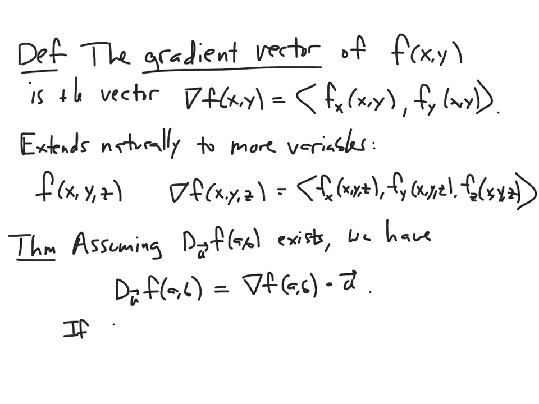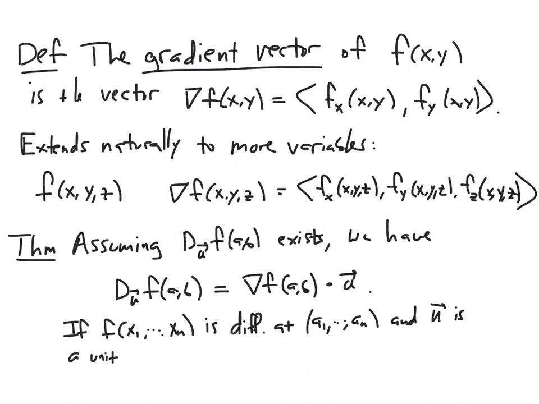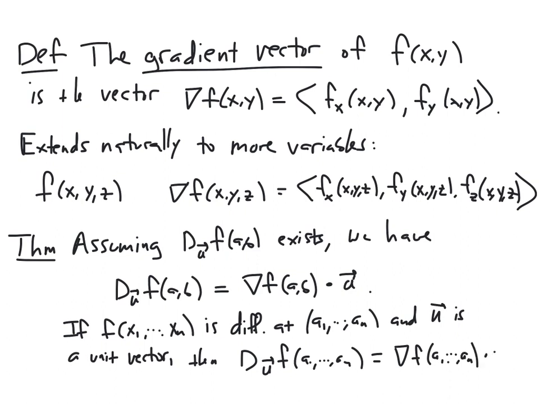If I have a function f with n variables, x1 through xn, which is differentiable at a point a1 up to an, a point in n-dimensional space, and I have a vector u that is a unit vector with n components, then the directional derivative of f, evaluated at a1 through an in the direction of u, is simply the gradient of f evaluated at the point, dot the unit vector u.